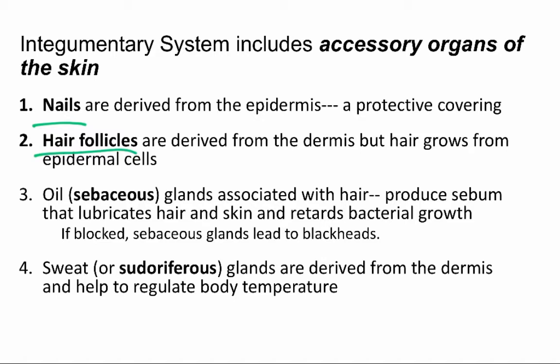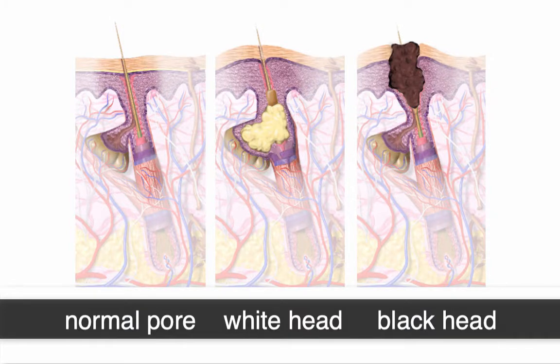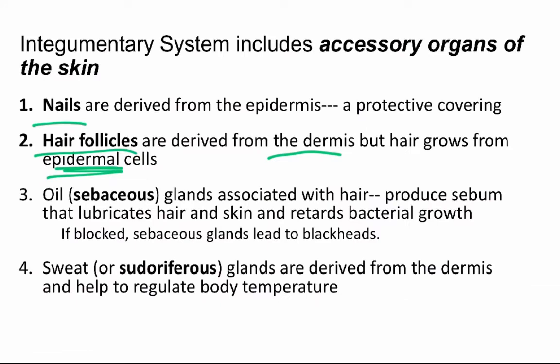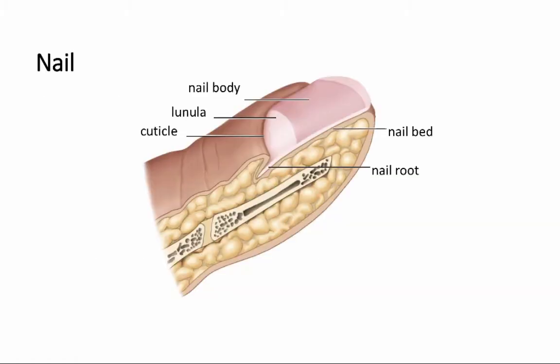So the hair grows from epidermal cells, but parts of the follicle are derived from the dermis. Sebaceous glands, we talked about. Sebum lubricates hair and skin, helps prevent dehydration, keeps bacteria from growing. Blackheads are blocked sebaceous glands. And then sweat or sudoriferous glands are embedded in the dermis and help to regulate body temperature. There's a picture of a fingernail.